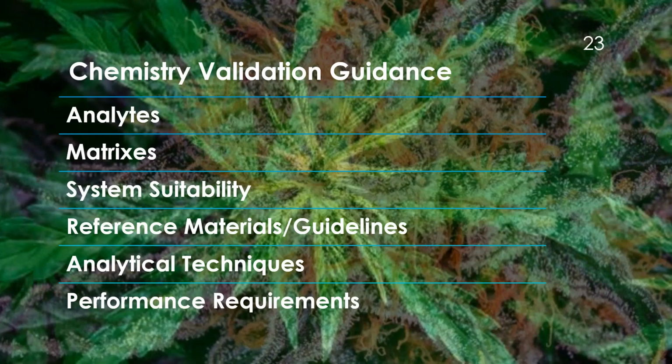So when we put together these SMPRs, what do they actually have in there that sets them apart from another type of guidance? Well, we identify the specific analytes. When we talk about heavy metals, is it the big four heavy metals? Are there additional metals? I know cobalt is something that I believe California is now testing for, or Canada may have eight metals that they're looking to have tested.